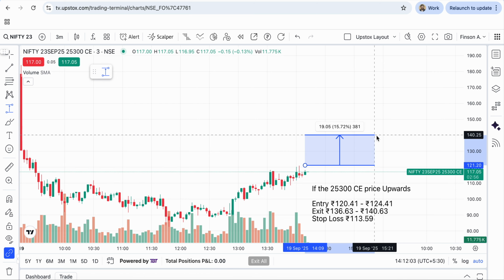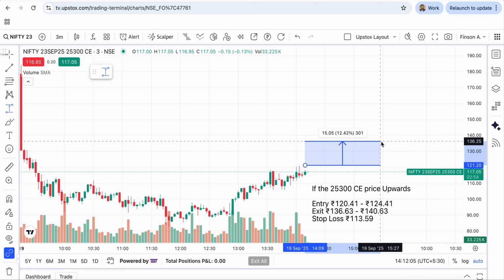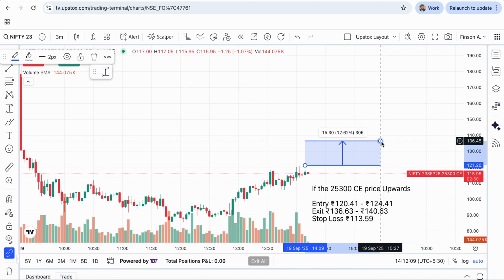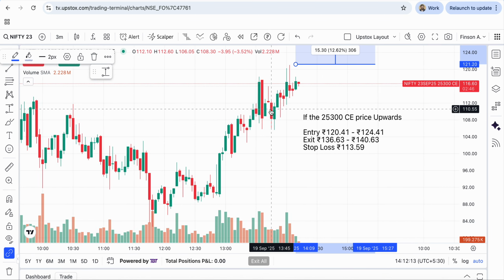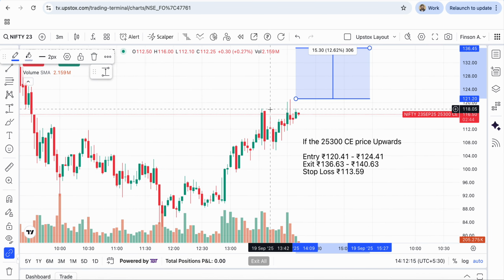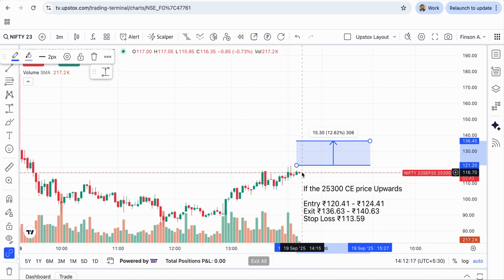Clear? Listen carefully. Now, the strike point is not in the range. Clear? It's only 116.